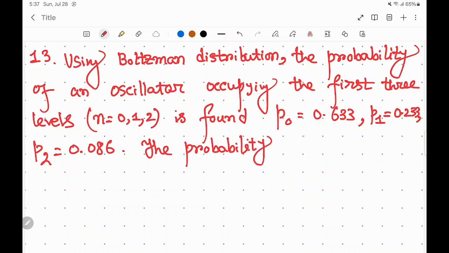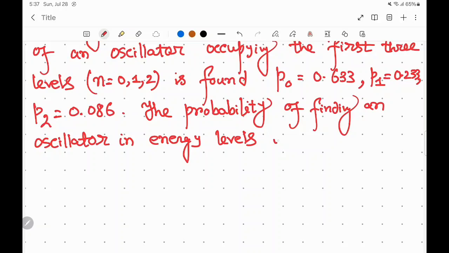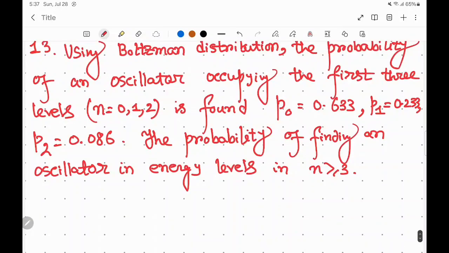The probability of finding an oscillator in energy levels n greater than or equal to 3. Clear? The question is there.